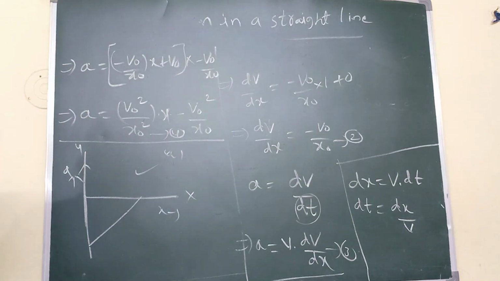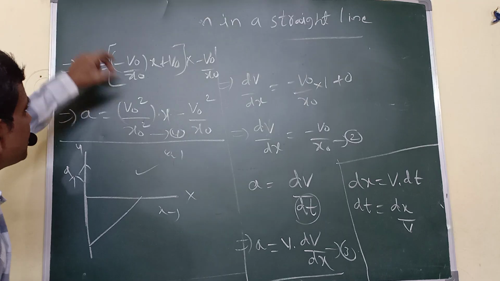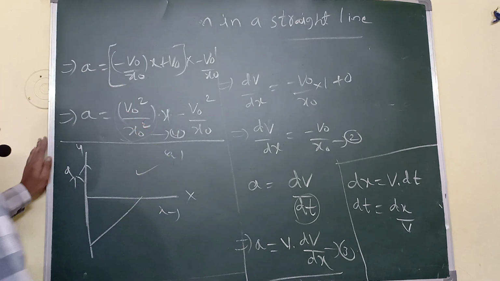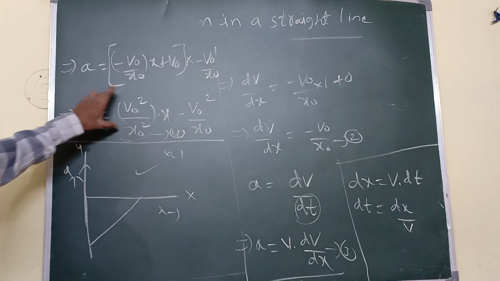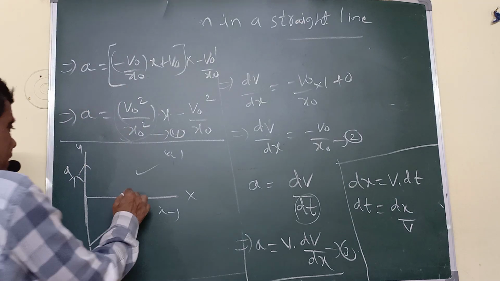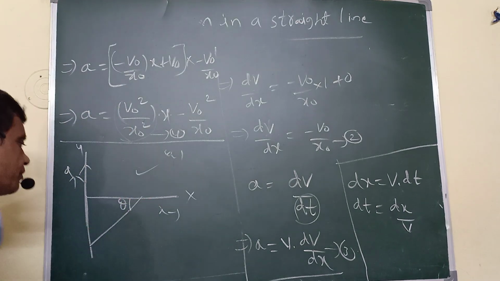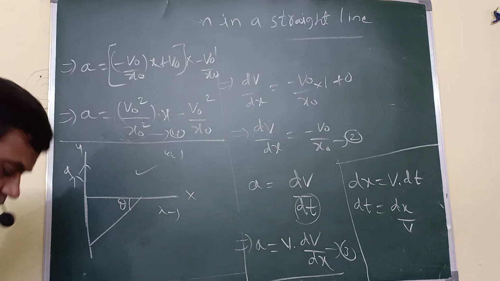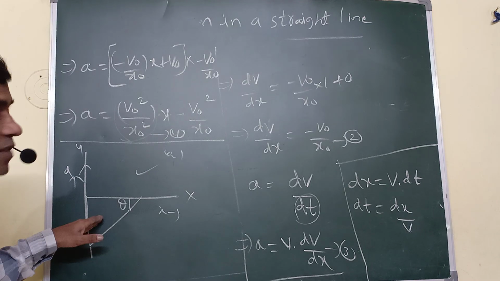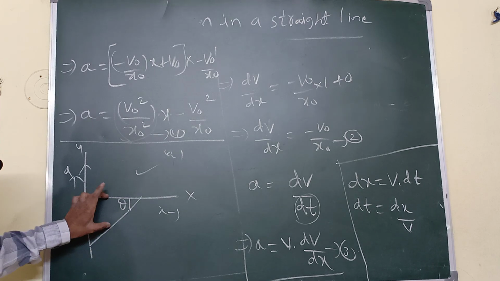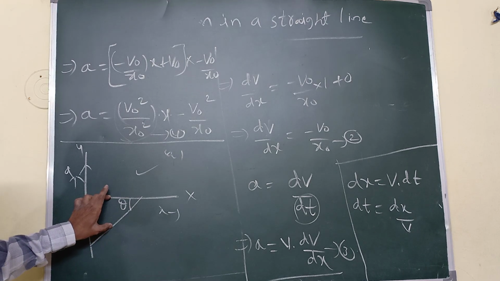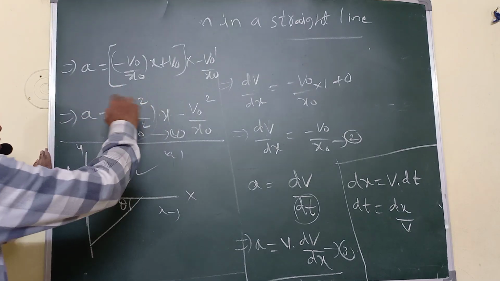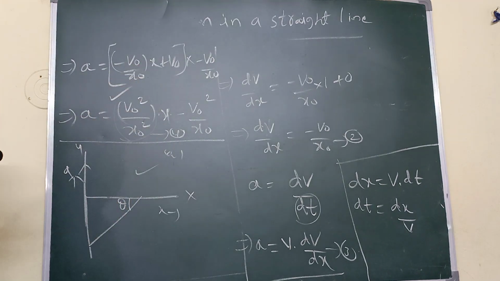In equation number 4, this represents the slope. The slope value is positive. If this angle is theta, tan theta, if it is an acute angle below 90 degrees, we get a positive value. Here this angle is observed as an acute angle only, so this is positive. y equals mx, where m means slope, positive. Correct, matching.